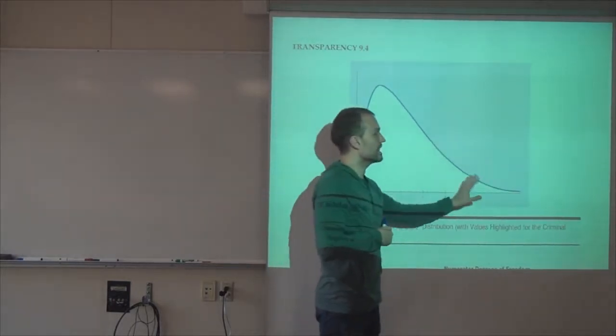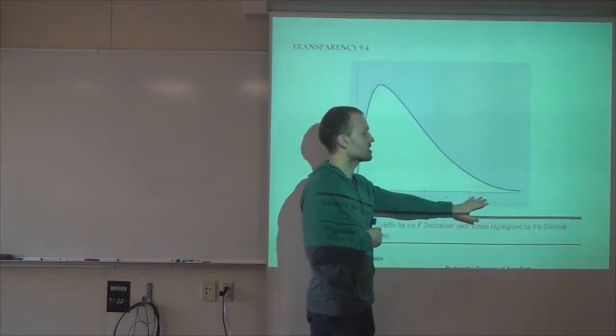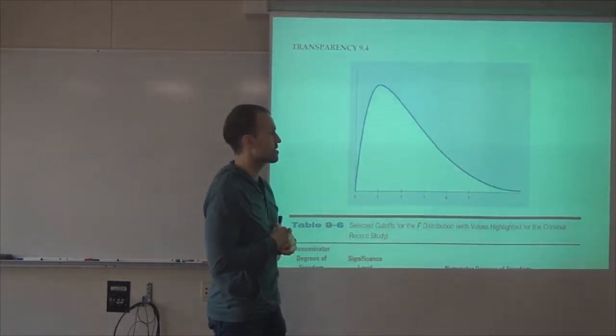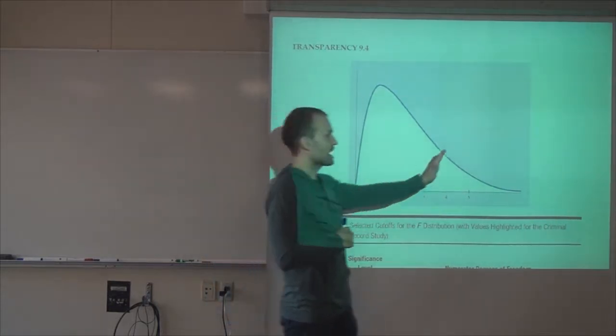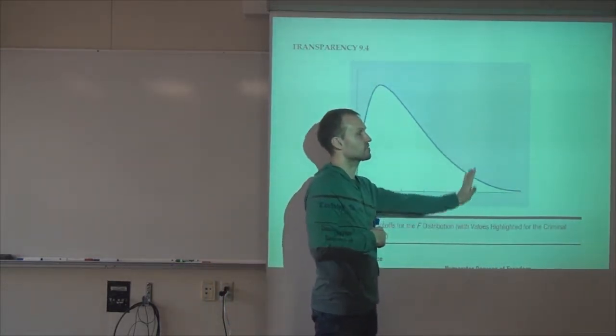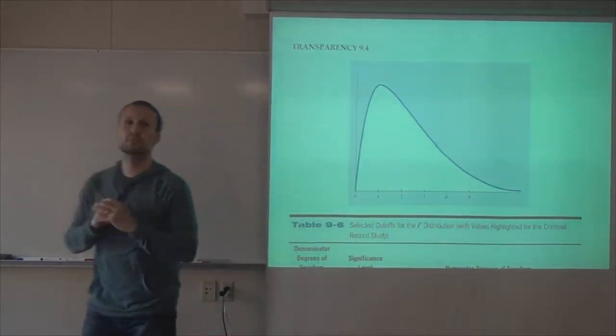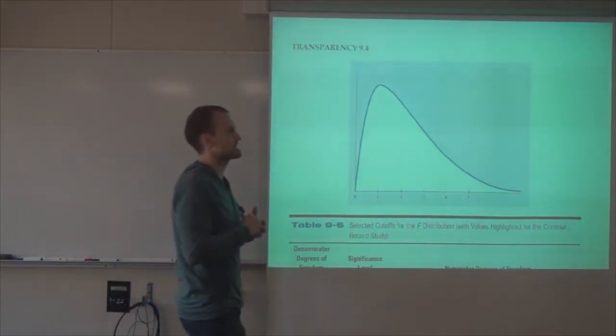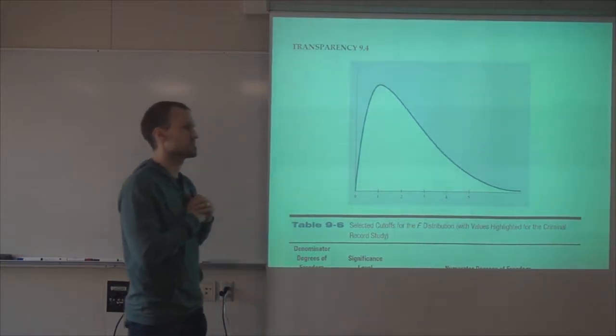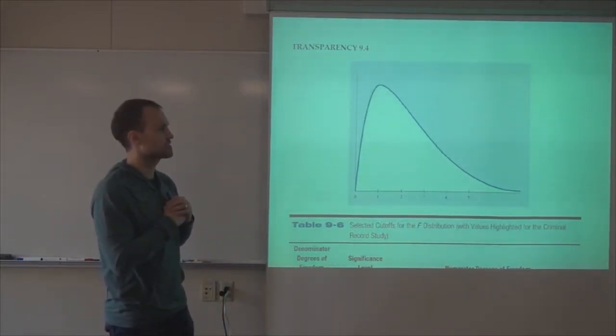So it's going to be less and less likely to get large ratios far away from 1. And again, I'm going to have a cutoff F value now that tells me how extreme is extreme enough so that I can say, nope, there is a significant difference here. I'm going to reject the null hypothesis.